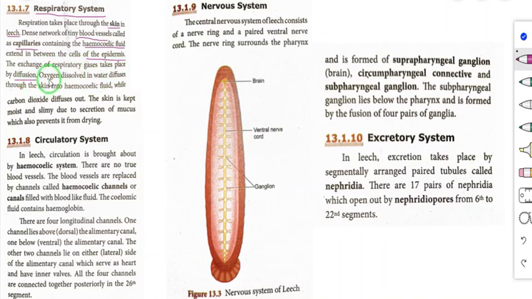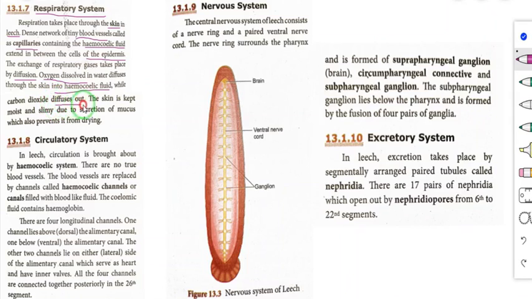The oxygen is dissolved in water, as leeches are mostly present in water. So that oxygen diffuses through the skin into the hemolytic fluid, while carbon dioxide diffuses out.